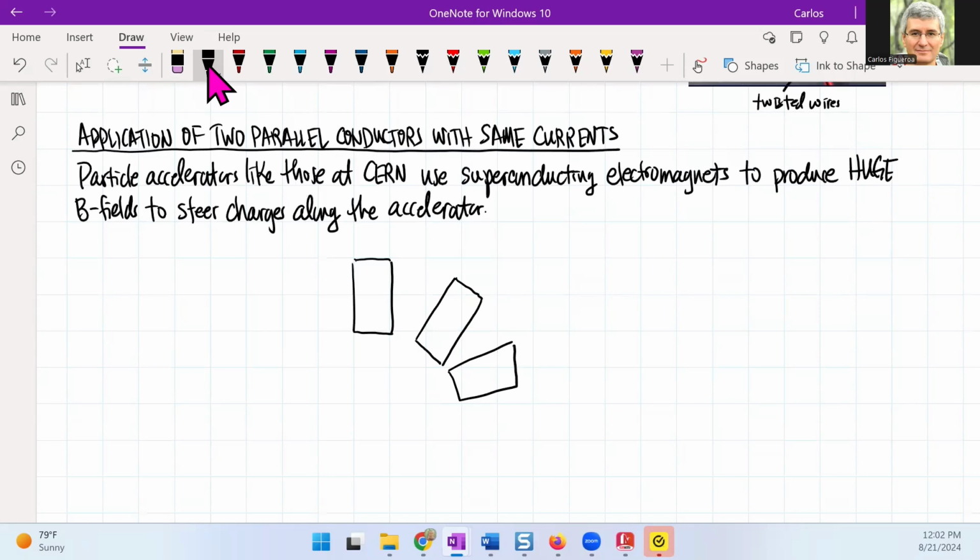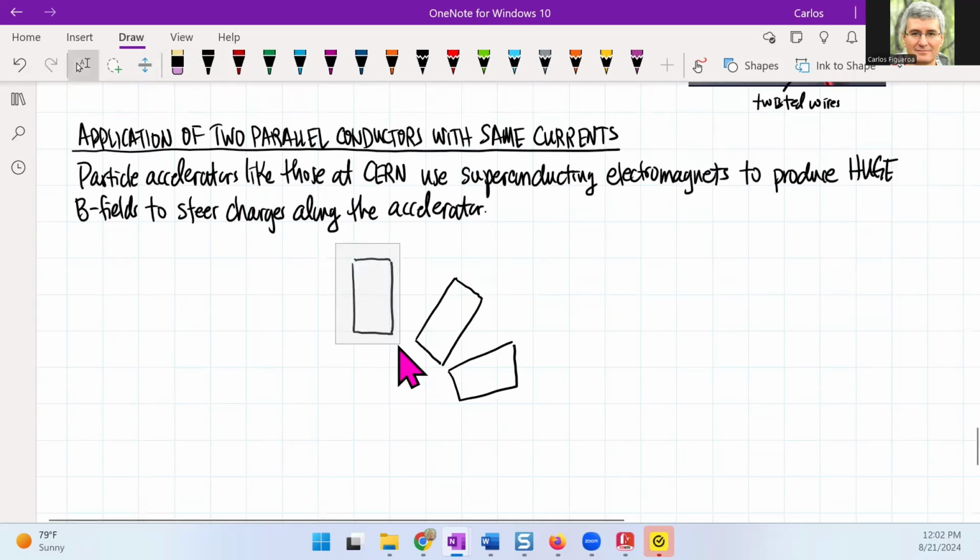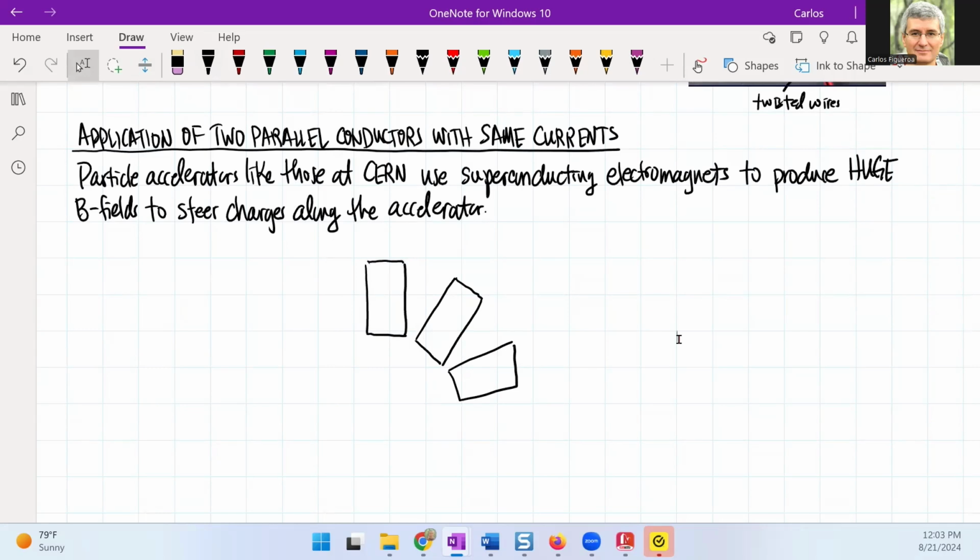And what ends up happening here is that as you do these magnets like this, you have a beam pipe. Let's say that this is the beam pipe right here. And the beam pipe carries the proton charges.